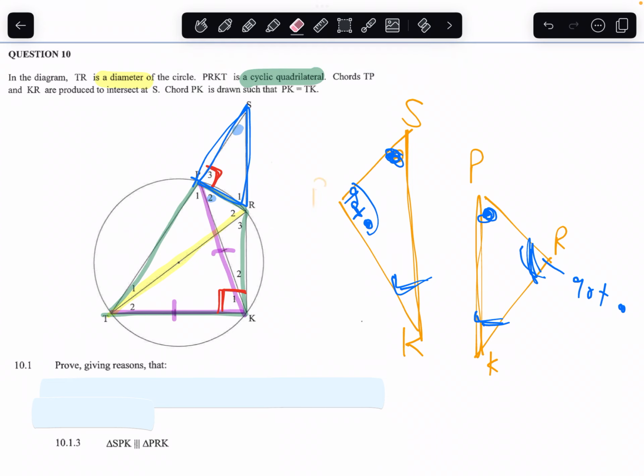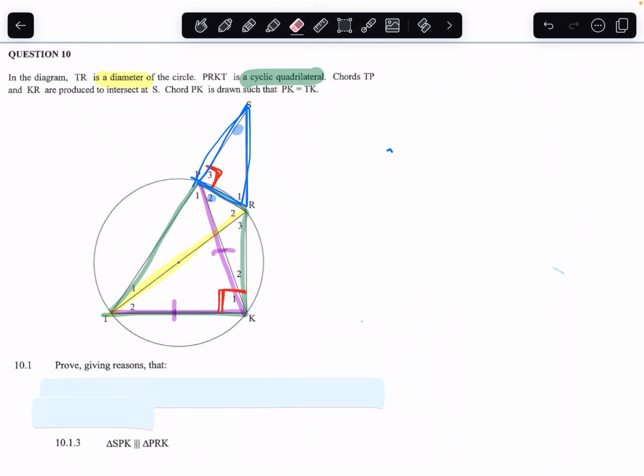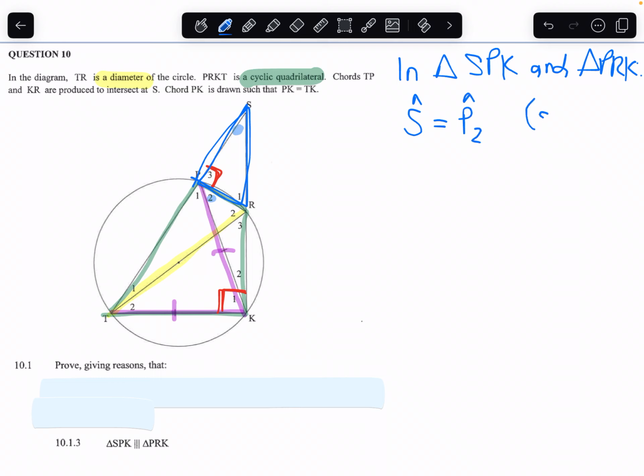So let me write this down formally. In triangles SPK and PRK, we know that angle S is equal to angle P2, which we've already shown.